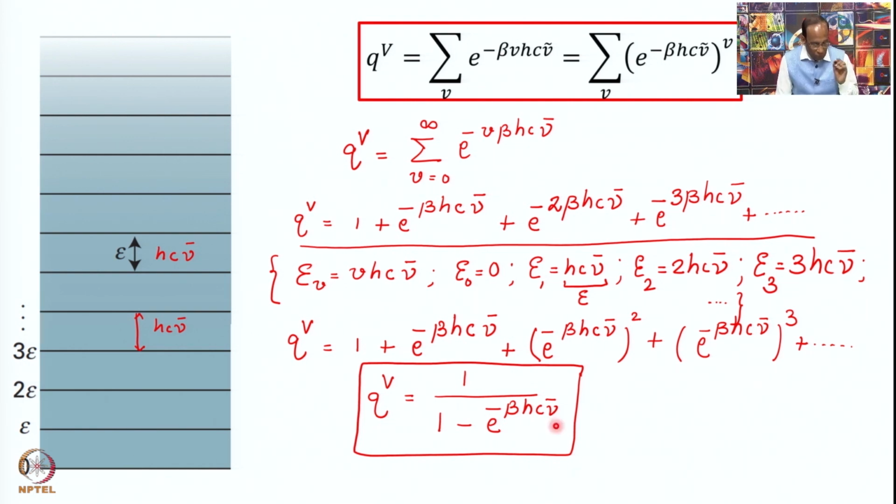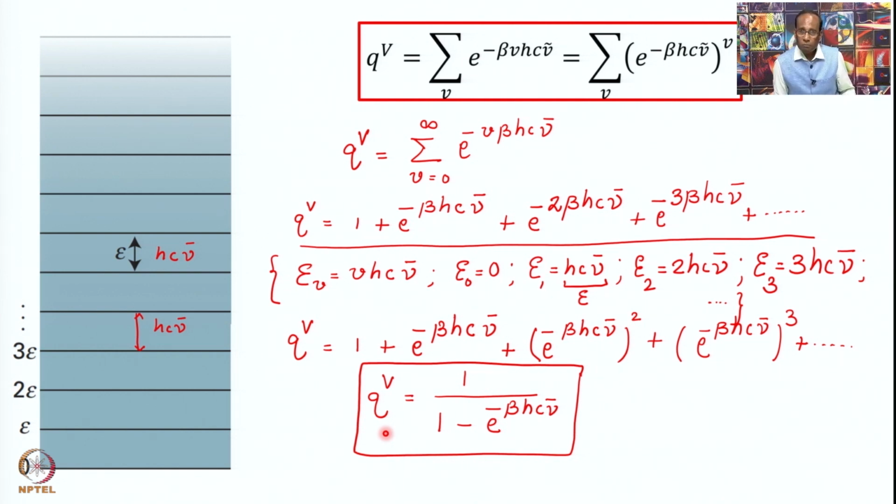If the vibrational wave number changes, you will have another value of the vibrational partition function. The overall value of the vibrational partition function will be equal to QV1 into QV2 into QV3 etc., as we have discussed earlier.